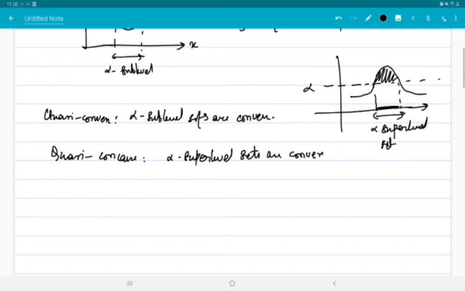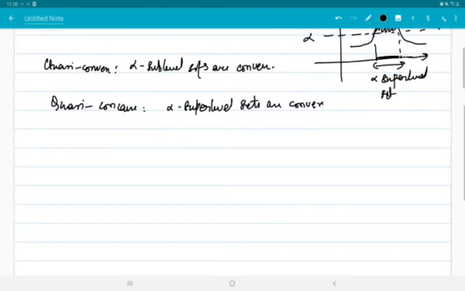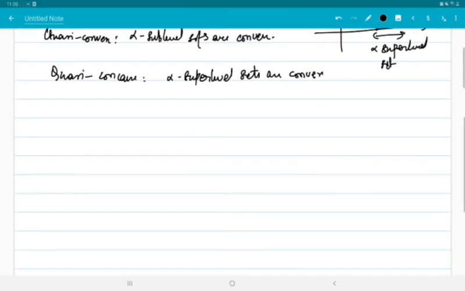Now, similar to Jensen's inequality, there is an inequality which is valid for quasi-convex and quasi-concave functions, and that is this definition. This inequality can also be used to define quasi-convex functions.